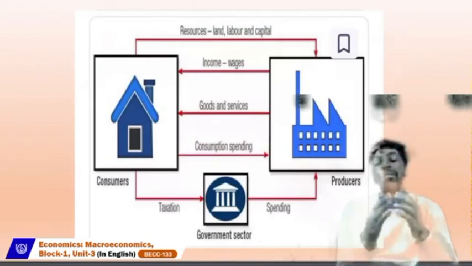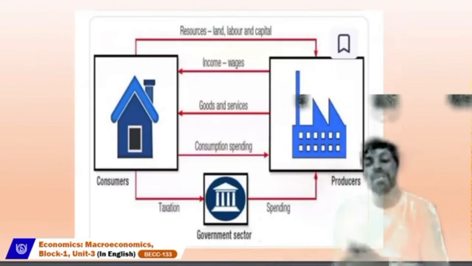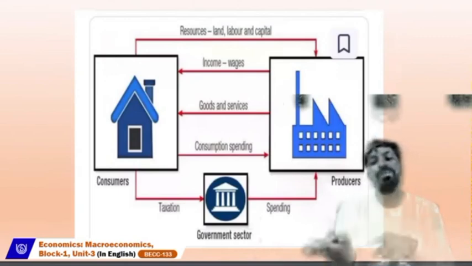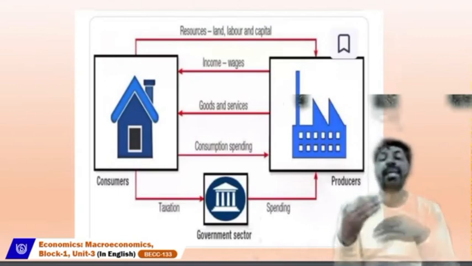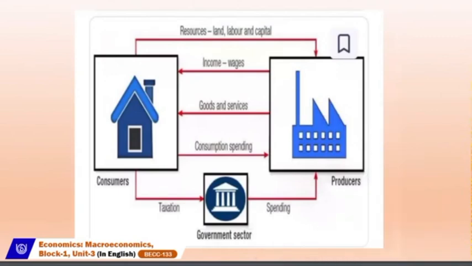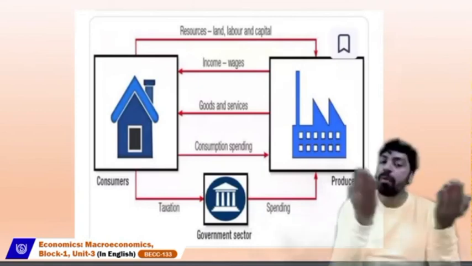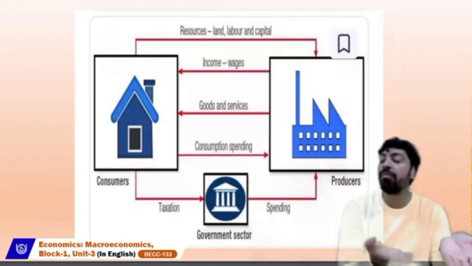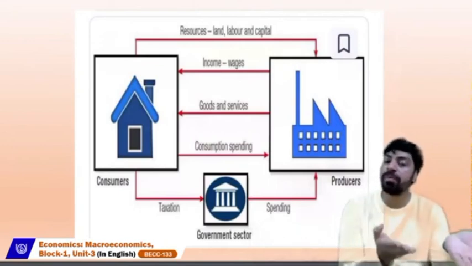So whatever income is received by the households goes to the businesses and firms, and they ultimately receive it from the consumers or households.